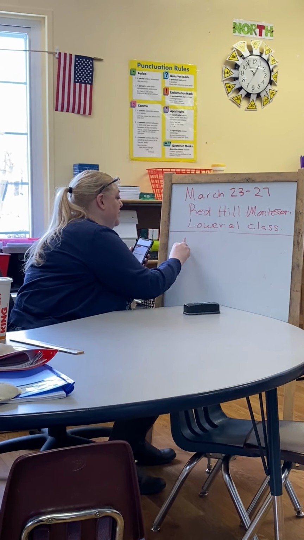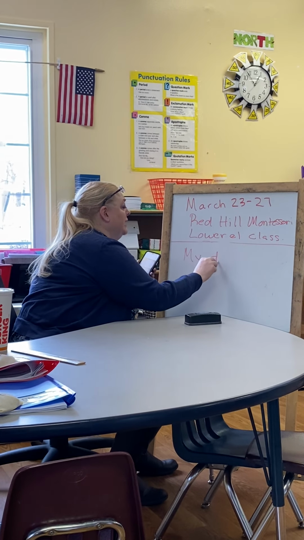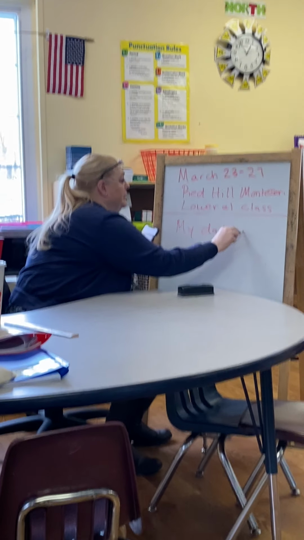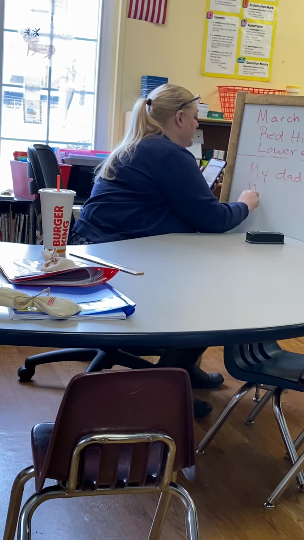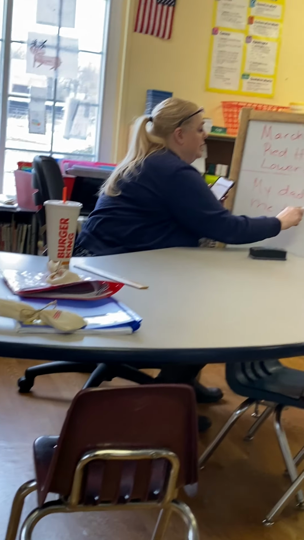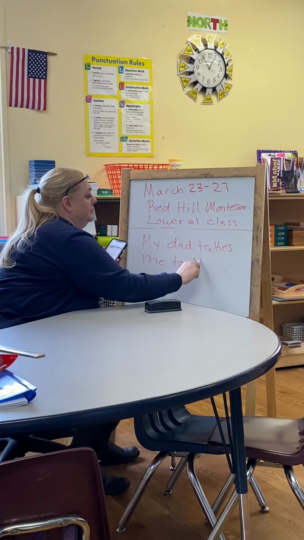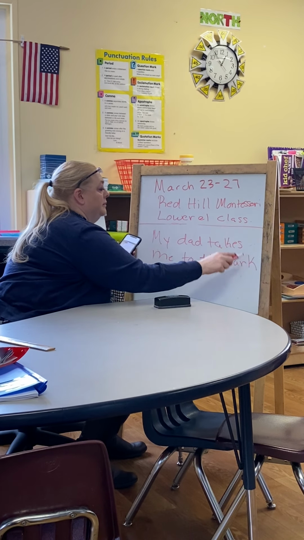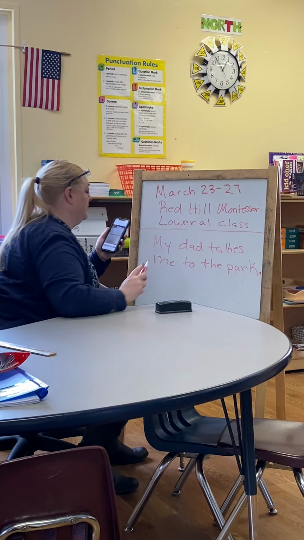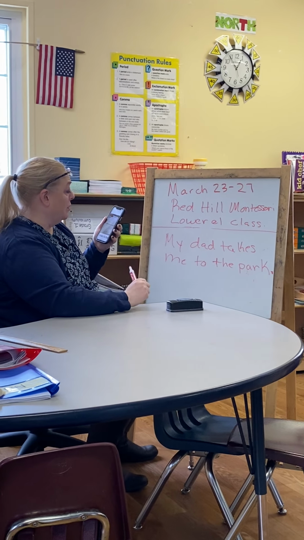What does our dad do? We would write, my dad takes me to the park. Right? And then I would put a period at the end. And that's how I would correct that sentence.